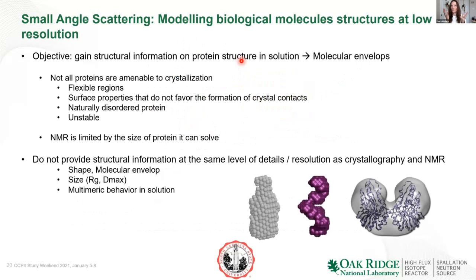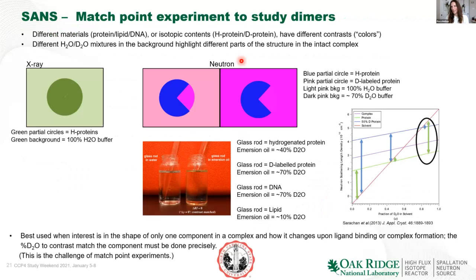As you know, it gives you a molecular envelope, not atomic resolution, but it's very efficient to look at conformational reorganization in multi-domain proteins. The advantage of neutron small angle scattering over SAXS is that we can use hydrogen deuterium labeling in order to highlight different components.